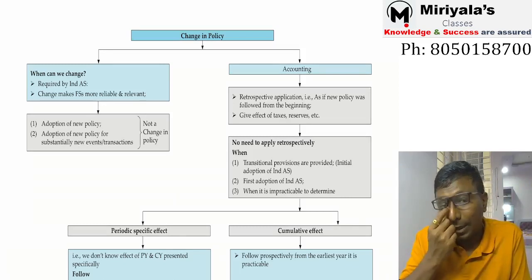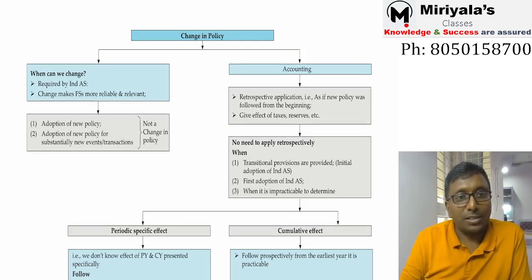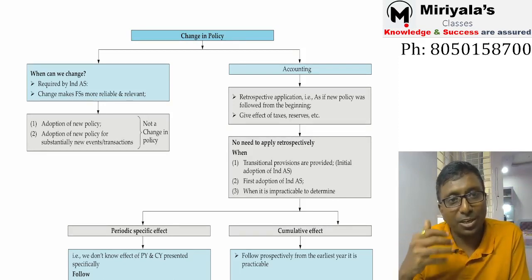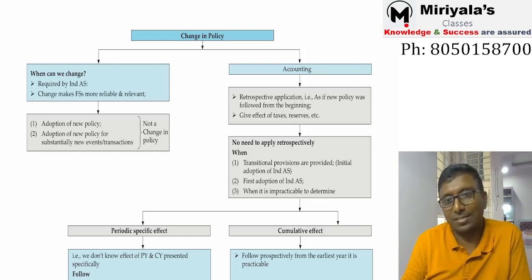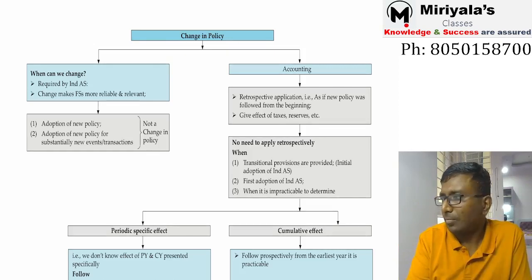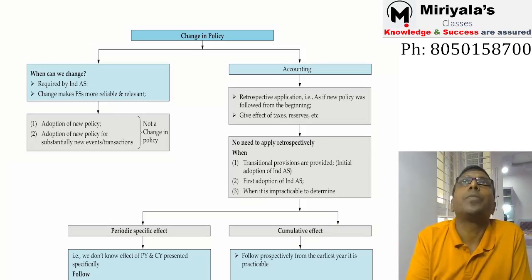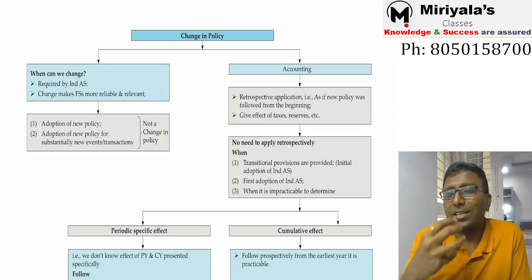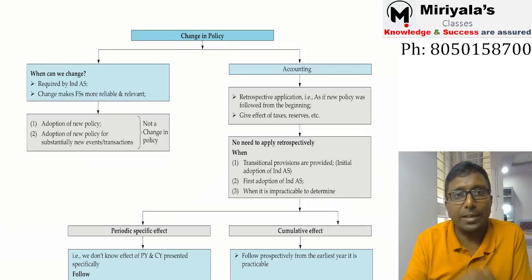And again, adoption of a new policy for substantially new events and new circumstances. There was one small concept which was discussed in one of the ASB meetings, the accounting standards board meeting, which I attended.